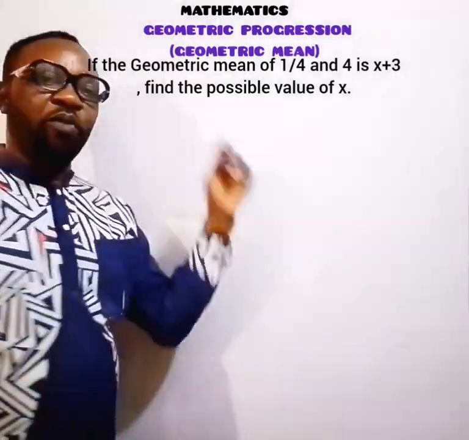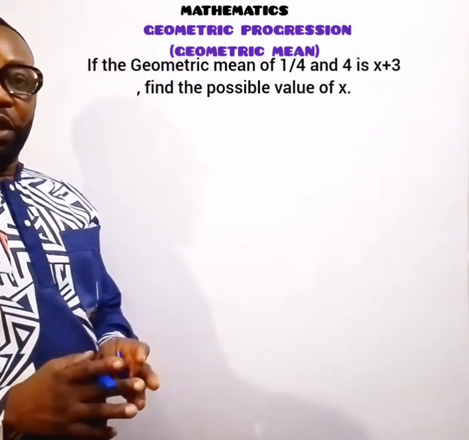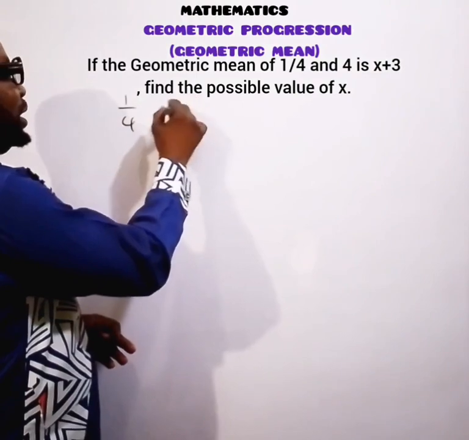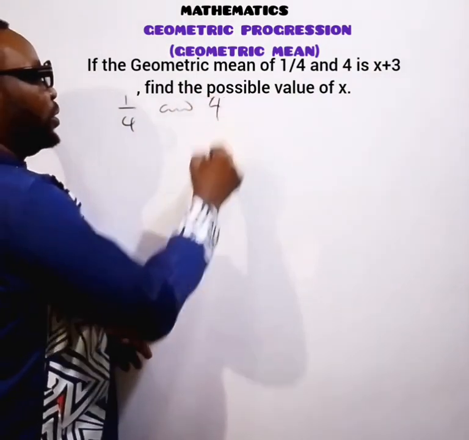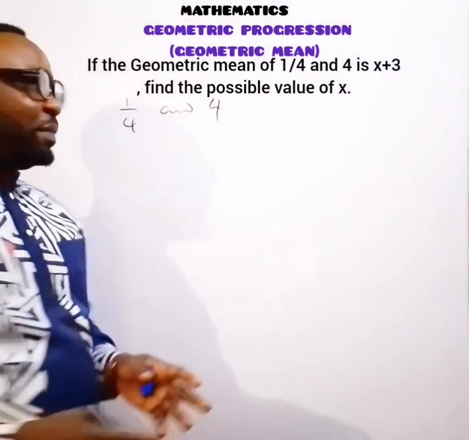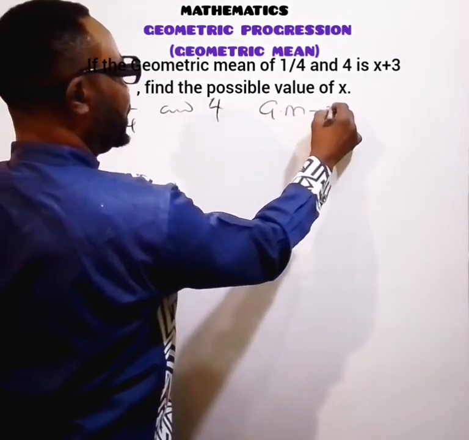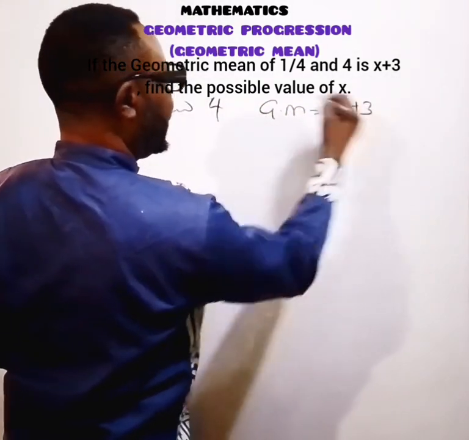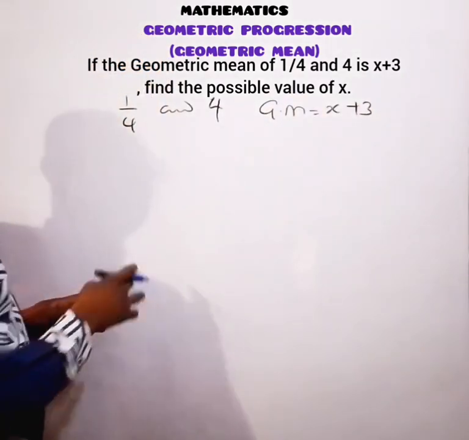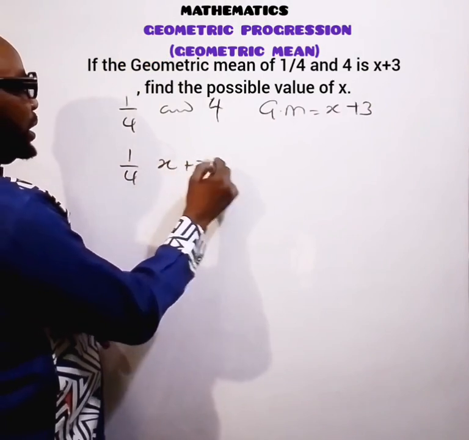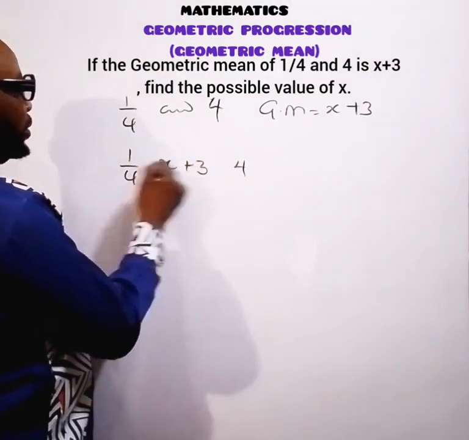The question we have here: give us the value of x, given 1 over 4 and 4. We are given its geometric mean to be equal to x plus 3. So it means that the values are arranged in this form: 1 over 4, x plus 3, and 4.